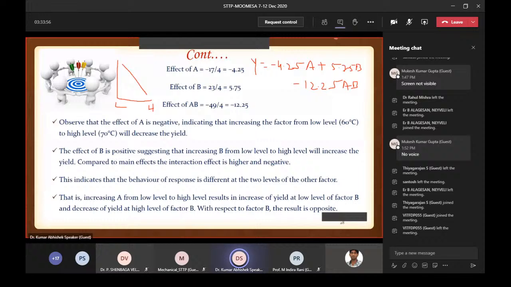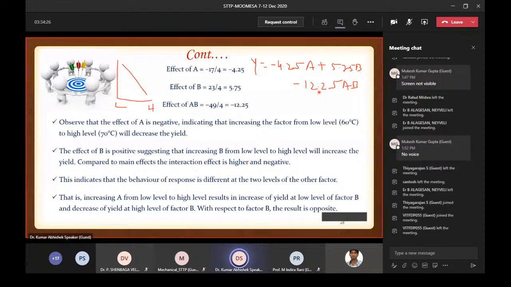And the third thing is that the interaction is minus 12.25. What does it indicate? It indicates that when you increase the value of A from low to high, it increases the yield when factor B is at its low level.